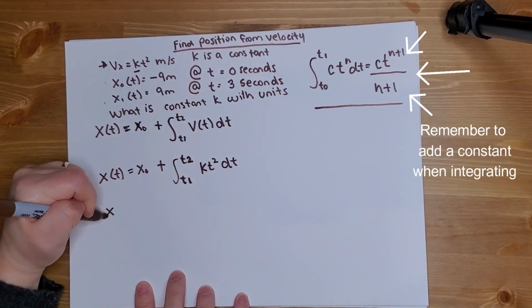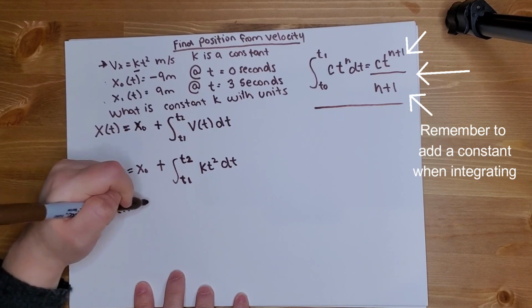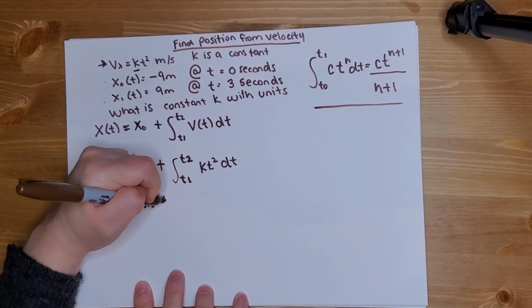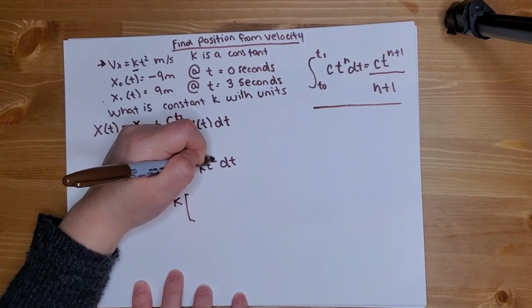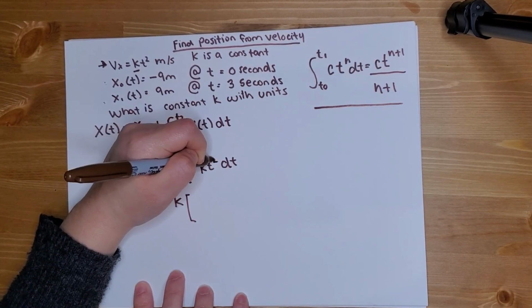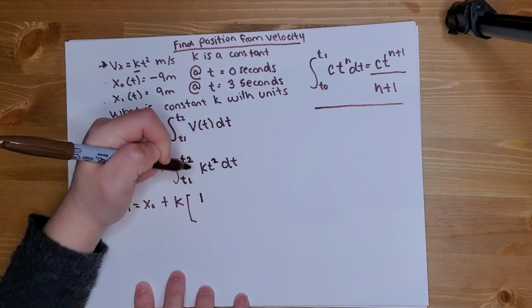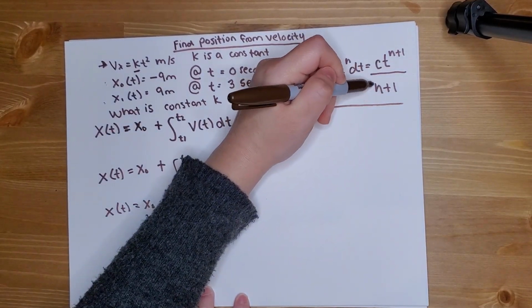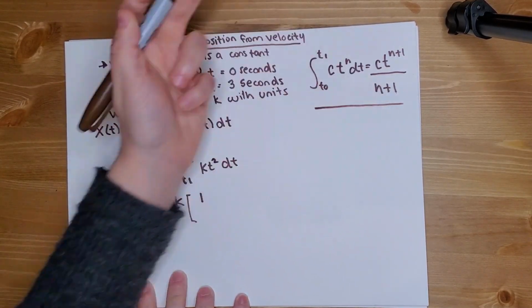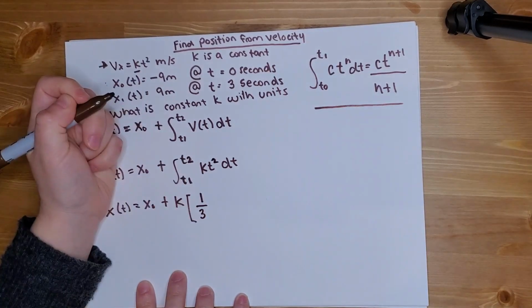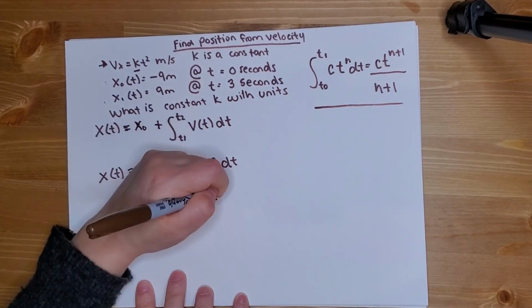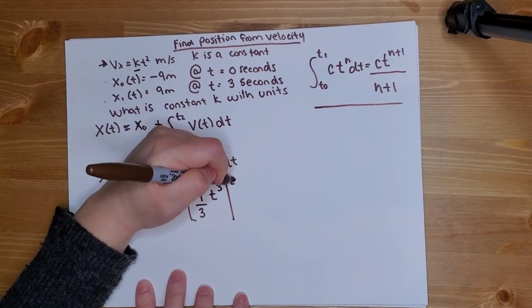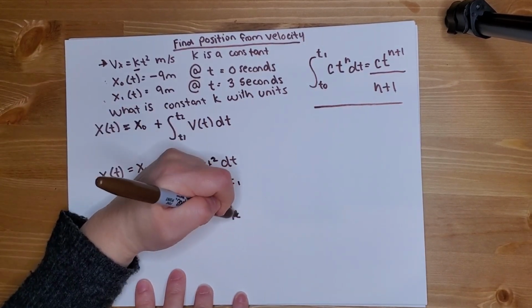So I have my x of t equals my x0, and I'm going to take the k out like I mentioned before. My exponent is 2, so the bottom is 2 plus 1, which is 3, so multiply by 1 over 3, then t, and again 2 plus 1 is 3, evaluated from t0 to t1.